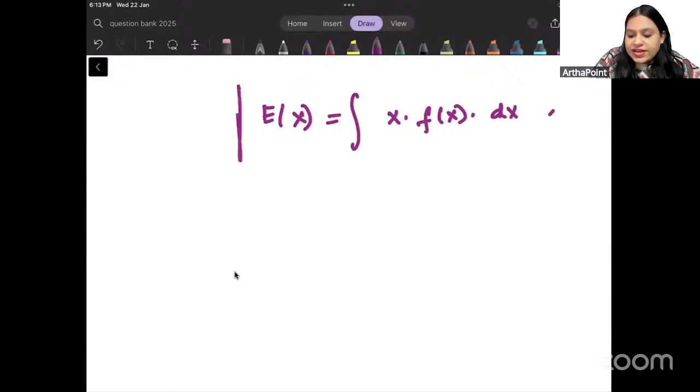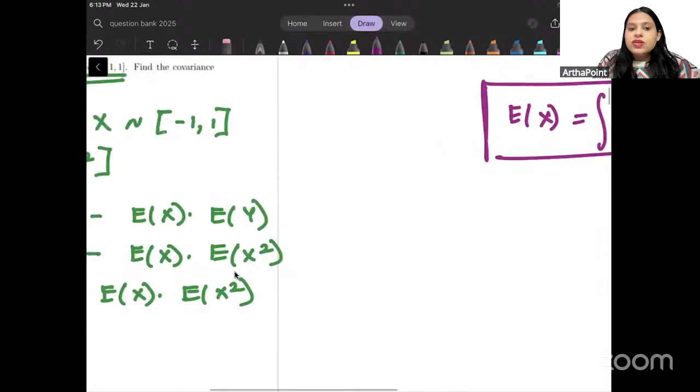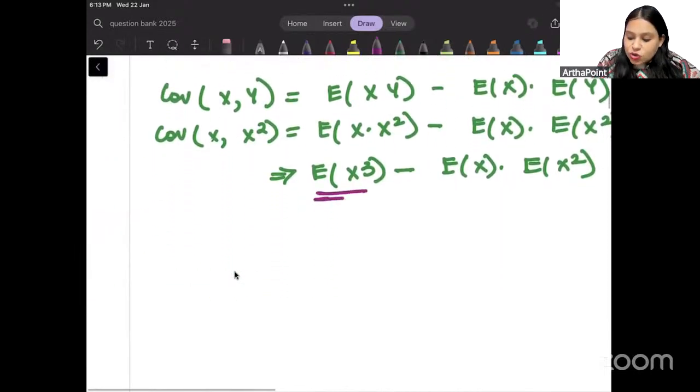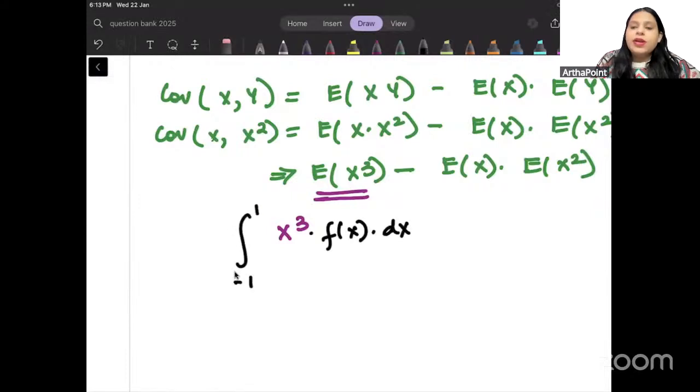This is how you find expected value. So if I were to find the expected value of x cube, it will be x into x cube, क्योंकि x cube का expected value निकालना है. So it will be x cube into its probability density function between -1 to 1.